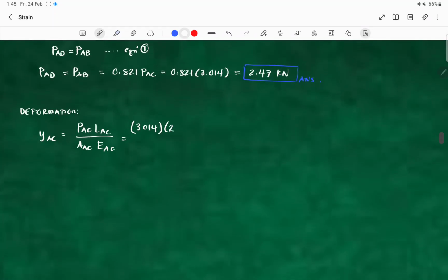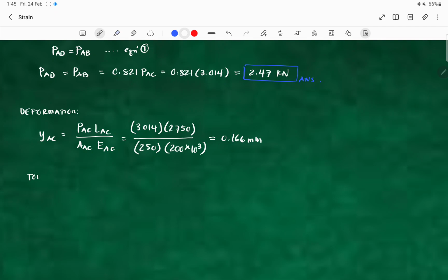So, this is 2750 mm. Yung cross-sectional area is 250. And then yung elastic modulus is 200 gigapascal. So, 200 times 10 to the power of 3. So, if we compute this one, so yung magiging sagot nito is 0.166 mm. So, ito na yung deformation.